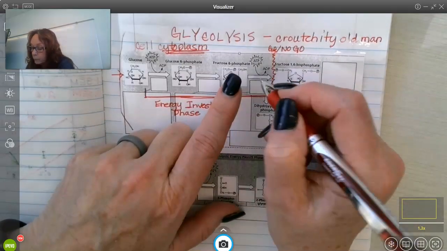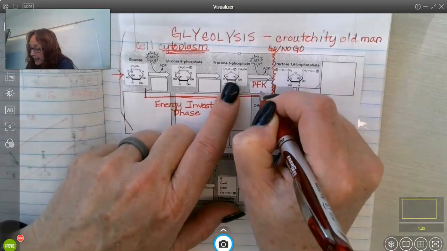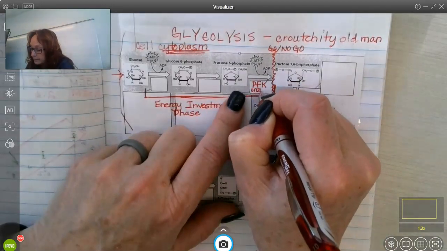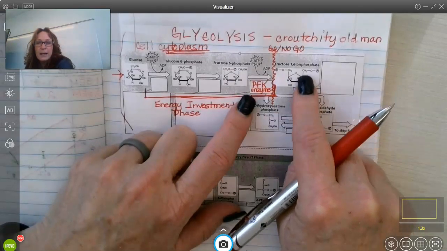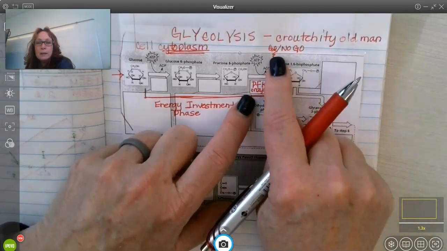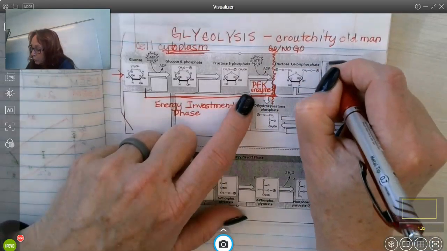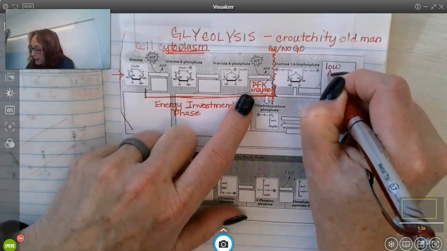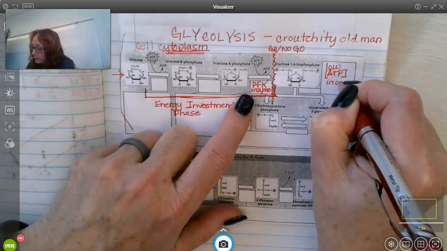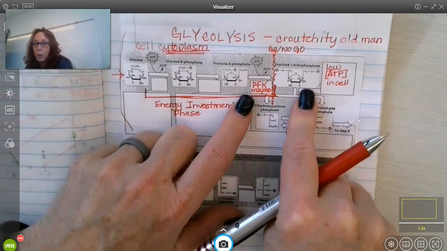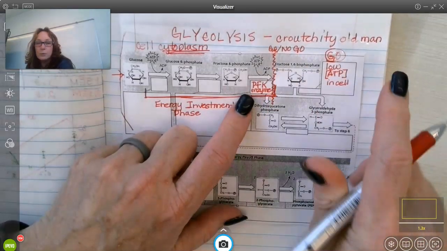We know phosphofructokinase is the enzyme that's going to do this. And at this point, since we're showing the process here as going, this would be low ATP concentration in the cell. That's the condition why we would go, because this is go as we went this way.